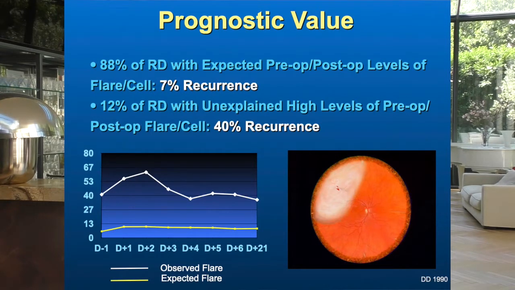In these cases, the recurrence rate is 40%, and no clinical details allowed me to understand why. So you can see that there are still some gray areas. Personally, I think that we underestimate the role of vitreous attachments to the retina, but I cannot prove it.